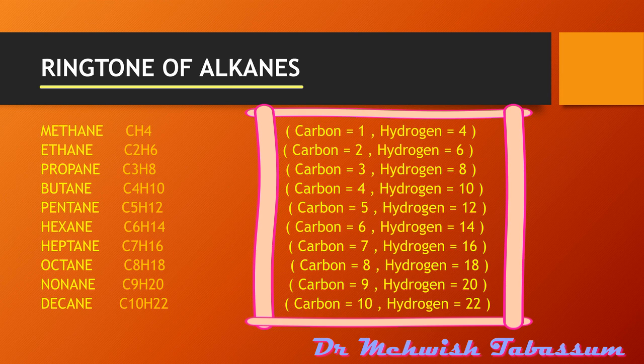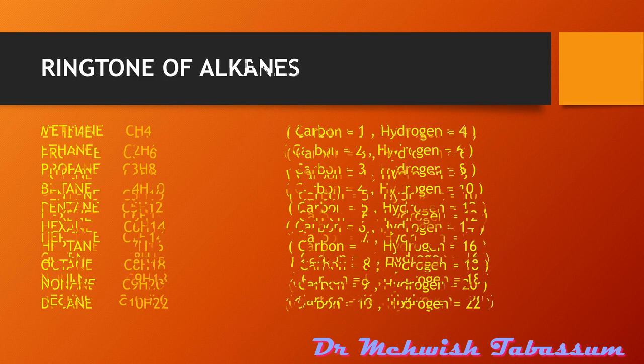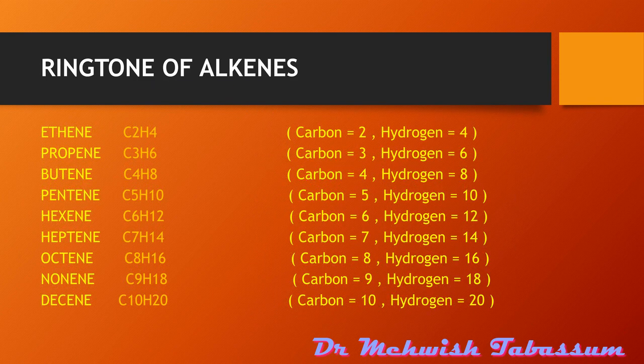Hexane has 6. Heptane has 7, and octane has 8. Nonane has 9. Decane has 10. And that's what we want to learn. That is the ringtone of alkanes.